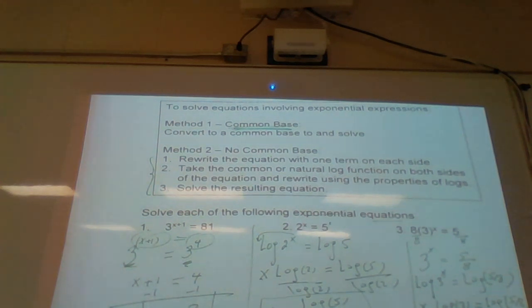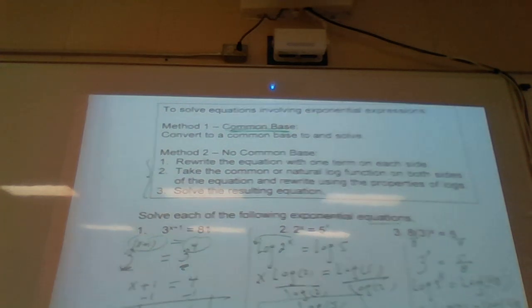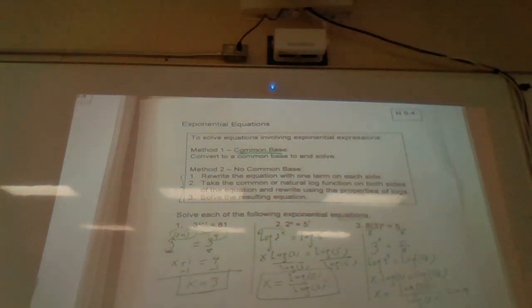It's helping me bring the x to the front. Log of 3 is just a number, so I'll just divide through and I have my answer. I can put these numbers on the calculator, and that turns out to be negative 0.428.